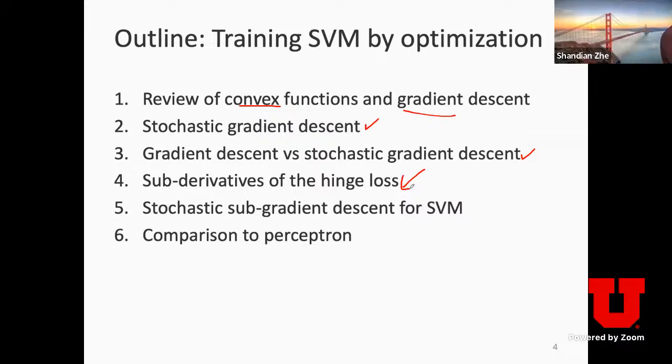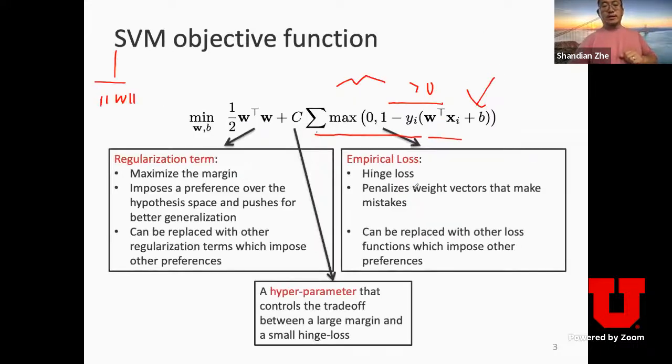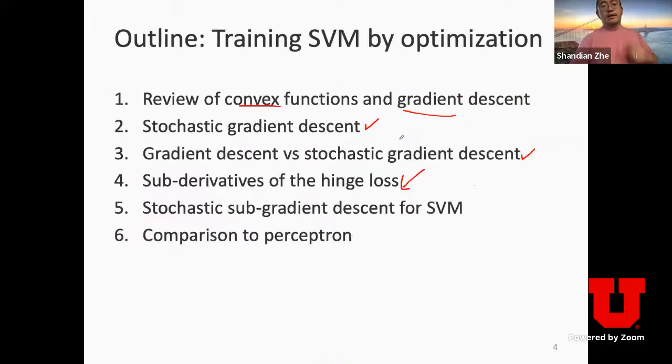But later we'll see that the hinge loss itself is not differentiable. Okay. It's actually a piecewise function, right? It's not differentiable. And in that case, regularly speaking, you cannot calculate the gradient. Right? Then how can we address that problem? We're going to introduce this concept called sub-gradient or sub-derivatives.